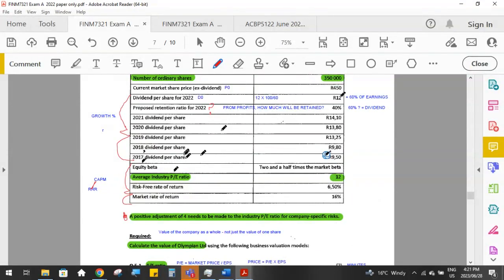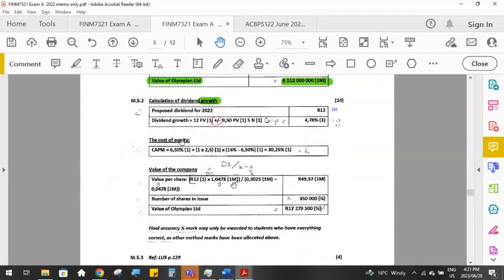So we grew from 2017 to 2018 once, 2018 to 2019 twice, 2020 to 2021 four times, and to 2022 five times. The dividend grew 1, 2, 3, 4, 5 times. So 5 is what we will program into N. N is equal to 5.